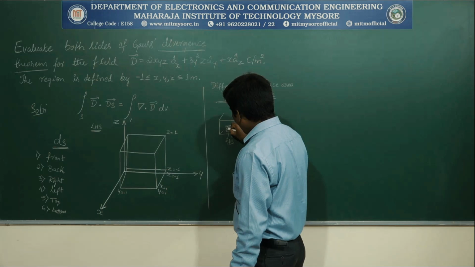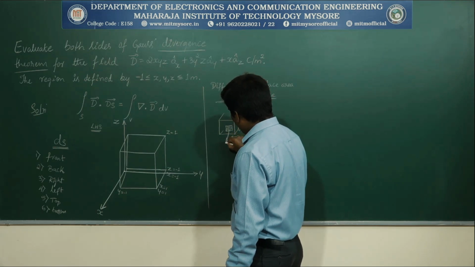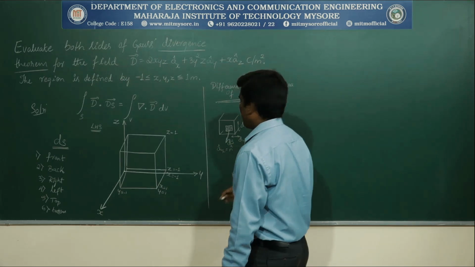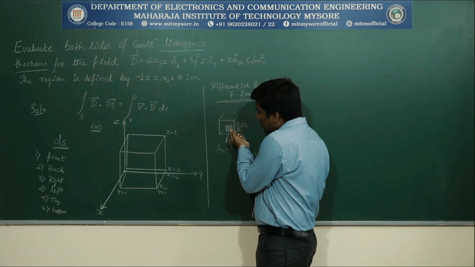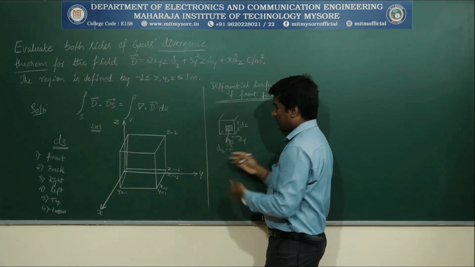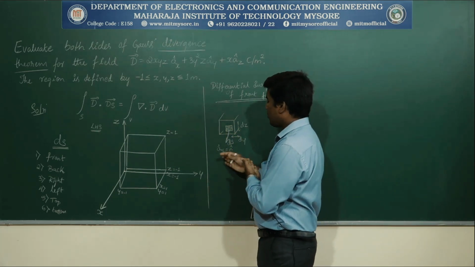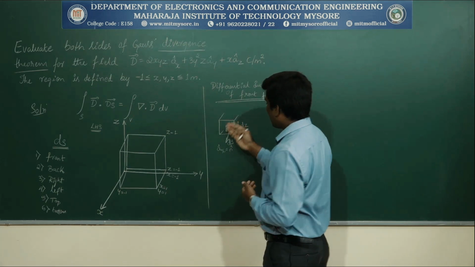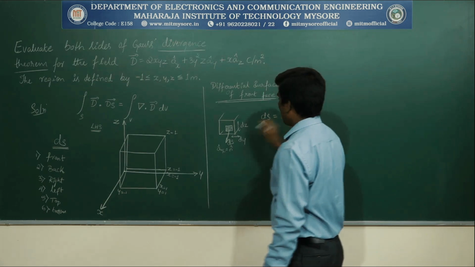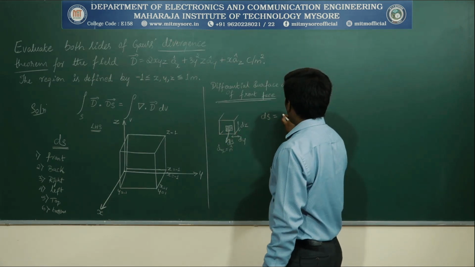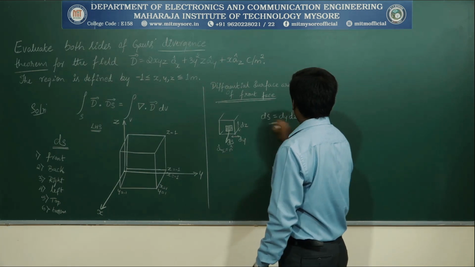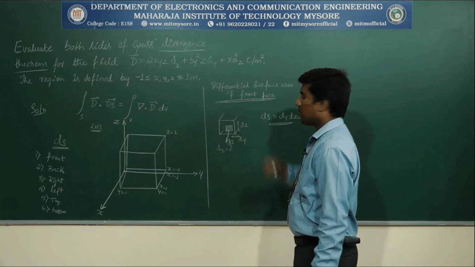The unit vector coming out of this elementary surface is a_x, which is equal to n cap, the unit vector coming out of this differential surface. The unit vector coming out of the overall front face is a_x. Both are in the same direction, hence we can equate them. So for the front face, the differential surface area dS is equal to length into height, that is dy dz a_x. This is the differential surface area for the front face.